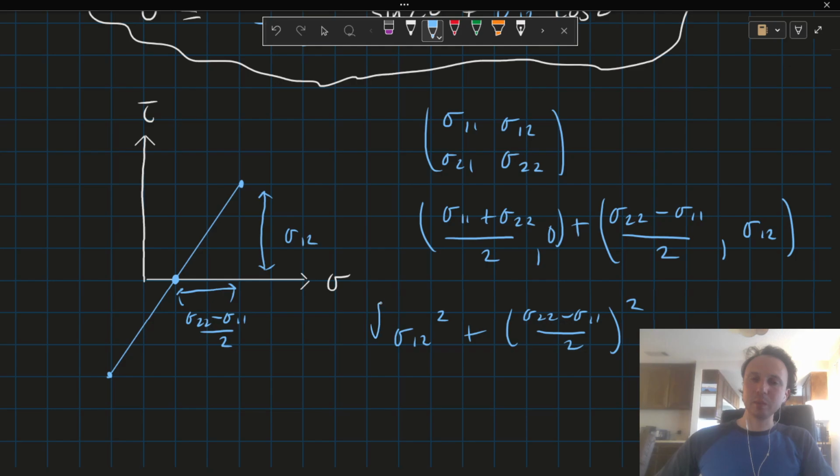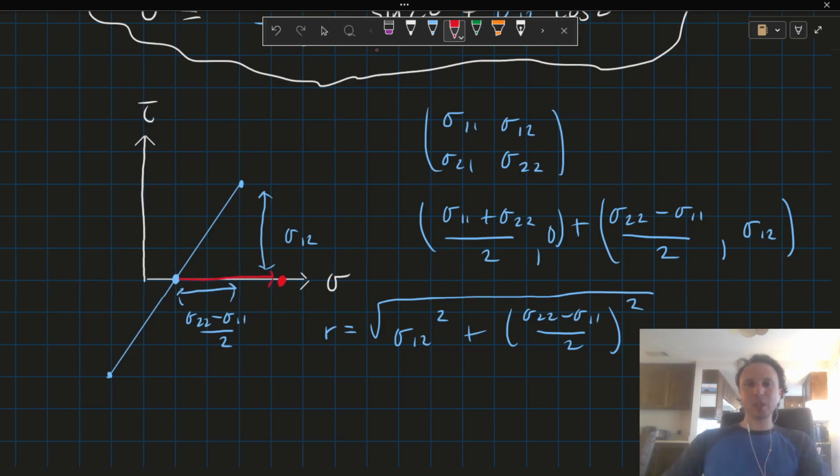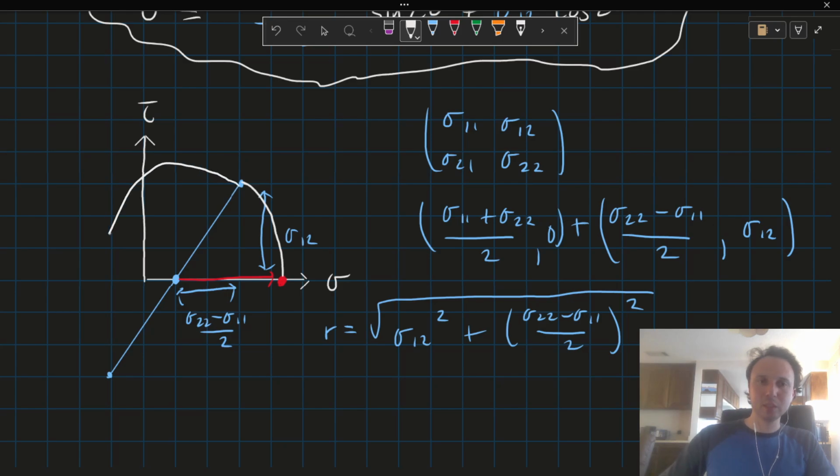And then you take the square root. That gives you your radius. And then you can imagine having now the red coordinate system out here at your radius from that distance. And so now we can just draw the whole circle through here, all the way around. This might not be a good circle.